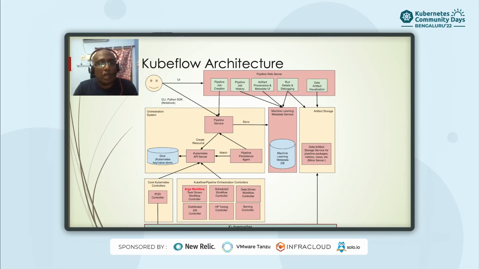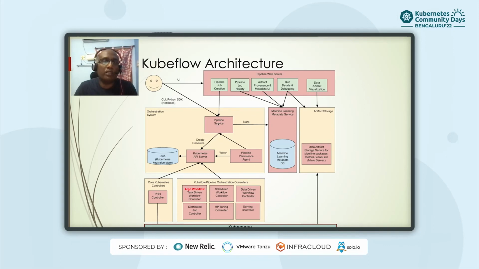And this is how the architecture of Kubeflow Pipelines looks. By the way, don't get overwhelmed by the complexity of this. What is notable here is that you have a pipeline service. The pipeline service is the core service which accepts the input. Whenever you want to submit a pipeline, it is submitted to the pipeline service that you see over here.